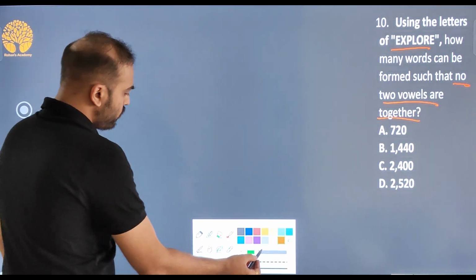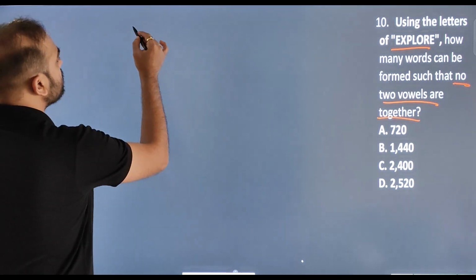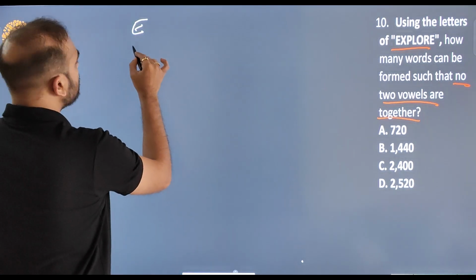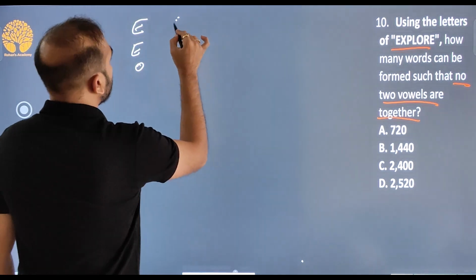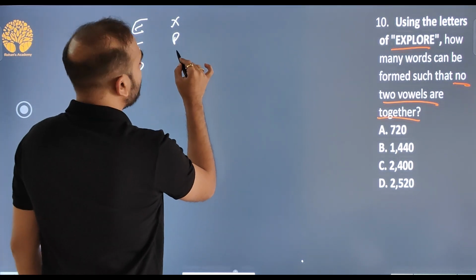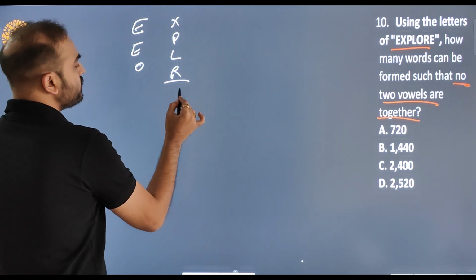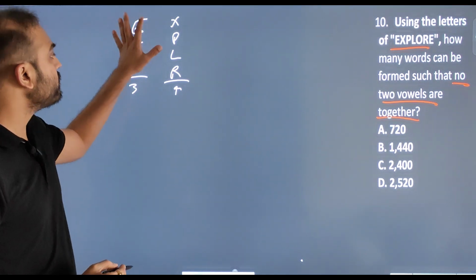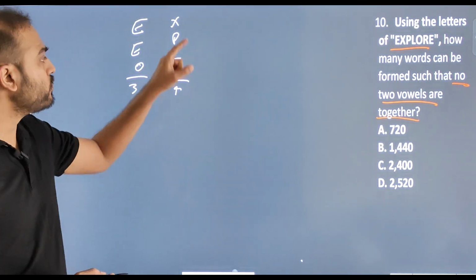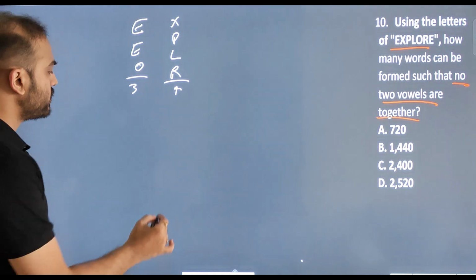Okay, no problem. What do we do? Let's write the vowels. So we have E, E, O, and X, P, L, R. So these are the four consonants, these are the three vowels, right? If none of the vowels need to be together, what will I do? I'll arrange the consonants first.